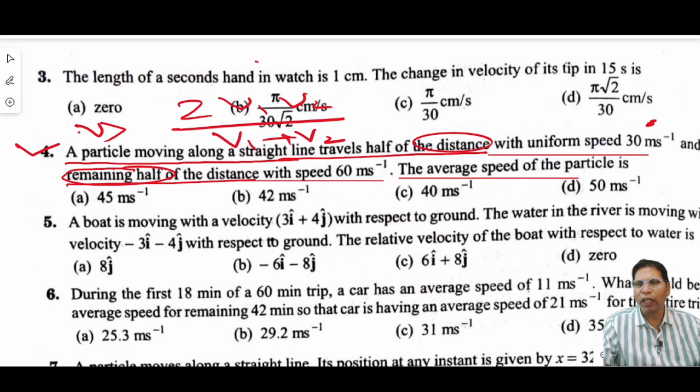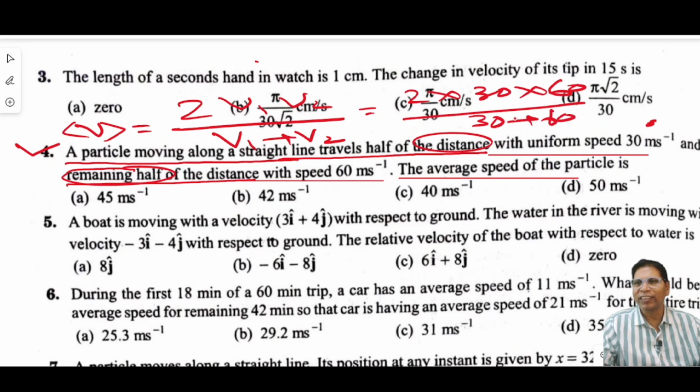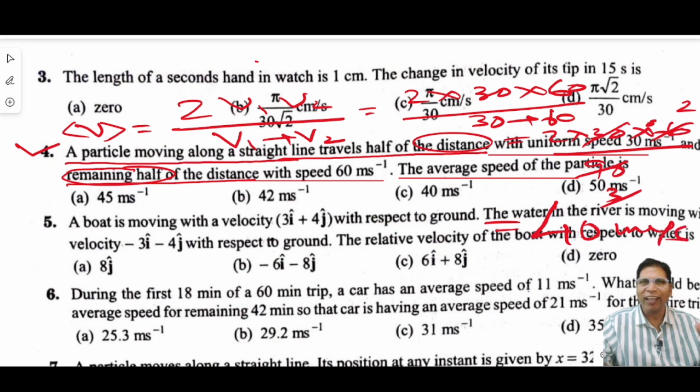This is the average velocity for the same distance. Now this is 2 into 30 into 60 divided by 30 plus 60. Okay, understood? Now next, this is 2 into 30 into 60 divided by 90. Now this and this cancel, so it is 40 meter per second. Okay, understood?